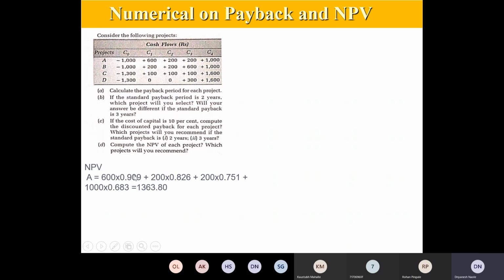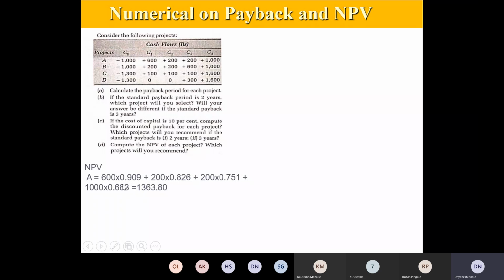That will be basically 1 upon (1 plus r) raised to the power 1, plus 1 upon (1 plus r) raised to the power 2, plus 1 upon (1 plus r) raised to the power 3, plus 1 upon (1 plus r) raised to the power 4. ये पूरा ब्रैकेट में एक करके कैलकुलेट करके आपको दिए, ठीक है. So in case there are uniform cash flows, you will be using that table of annuity.